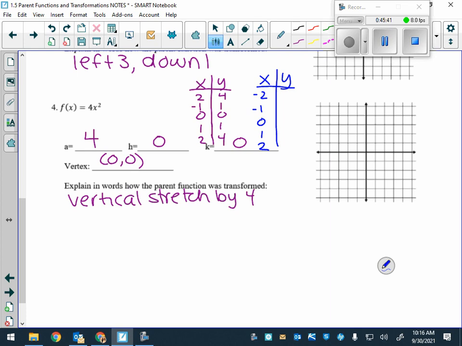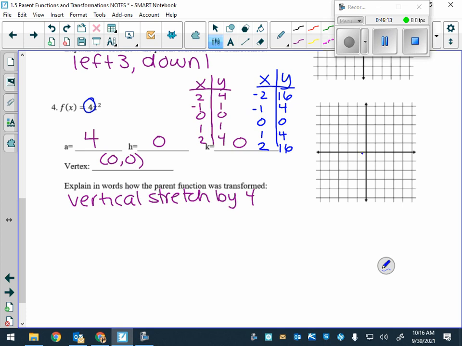Okay? Now, if I have an A value in front, well, I'm multiplying my original Y values by 4. So, you take 0, 1, 4, 9, 16 times 4, that's 0, 4, and 16. So if there's an A value in front, you're multiplying your original Y values by that number. Okay? Because that stretches out your Y.